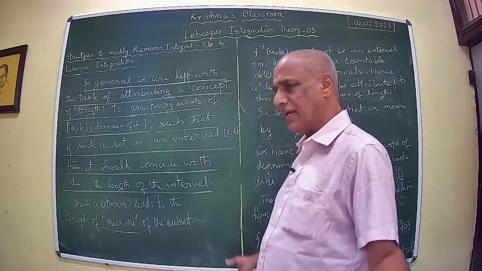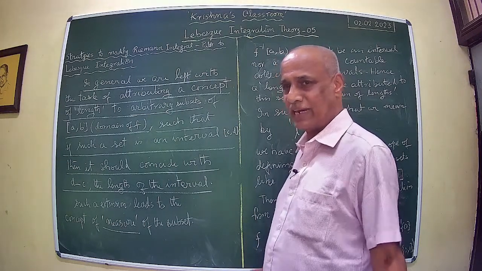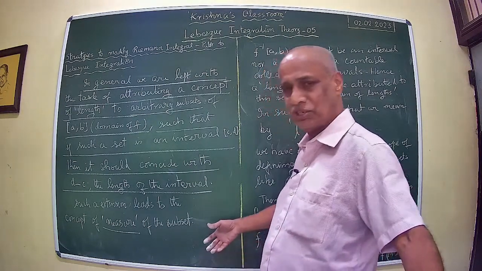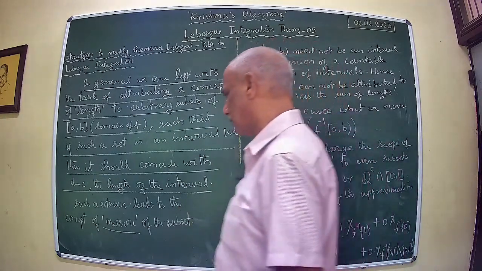You can immediately extend it to disjoint intervals by attributing the length of the union of disjoint intervals as the sum of the lengths of the intervals.